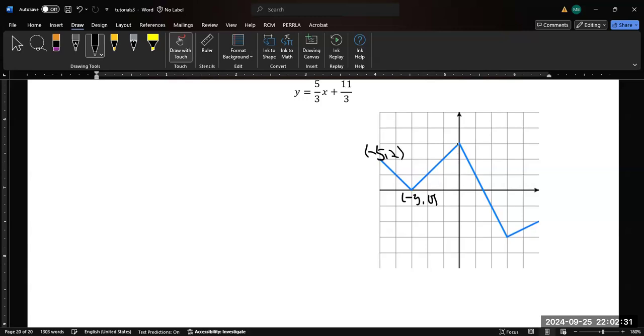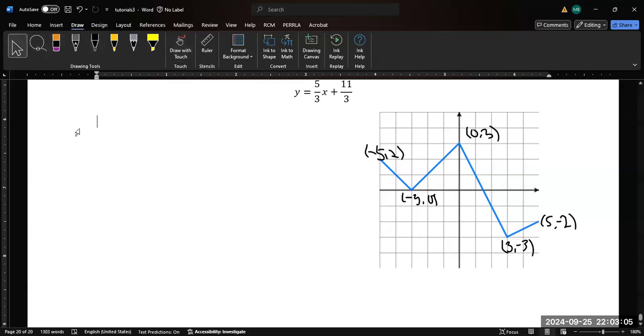And this point right here is going to be 0, 3. And this point right here, 1, 2, 3, this is going to be 3, 1, 2, 3, -3. And then this point right here will be 5, -2. So those are our key points.